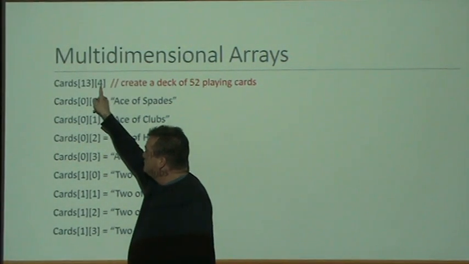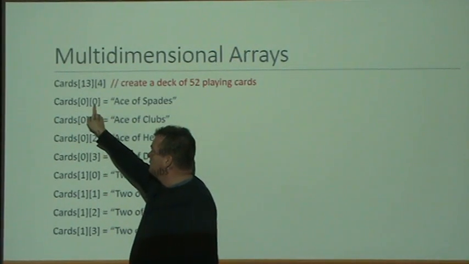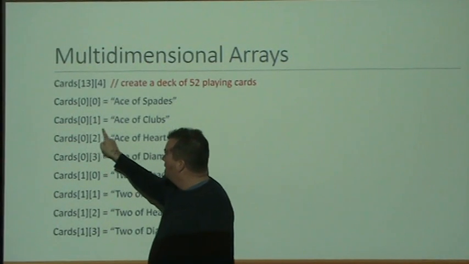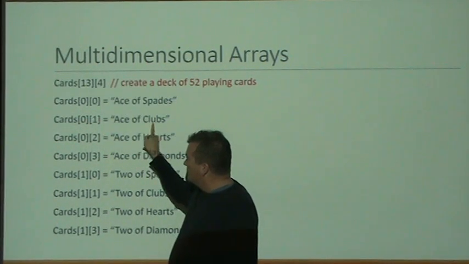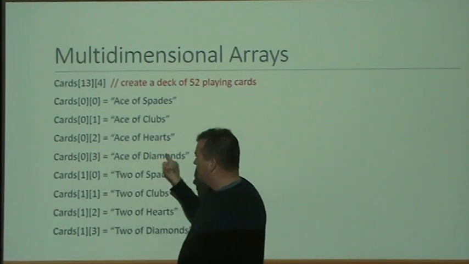And then there's 4 different suits. And then we can start assigning the individual cards, like card 0, 0 could be the ace of spades, and card 0, 1 could be the ace of clubs, and card 0, 2 could be the ace of hearts, and card 0, 3, ace of diamonds.